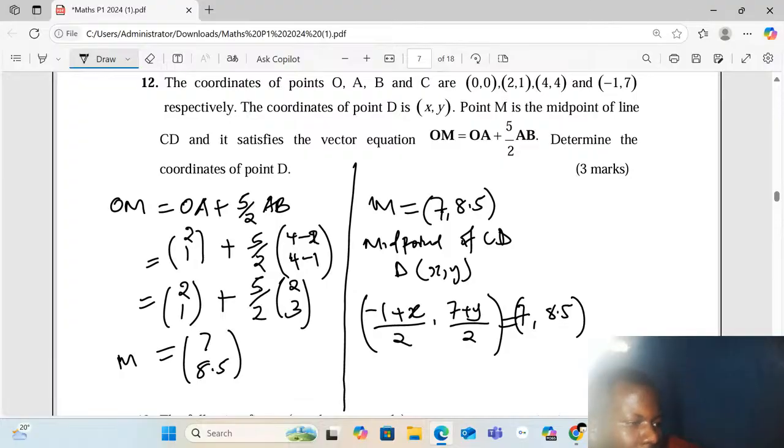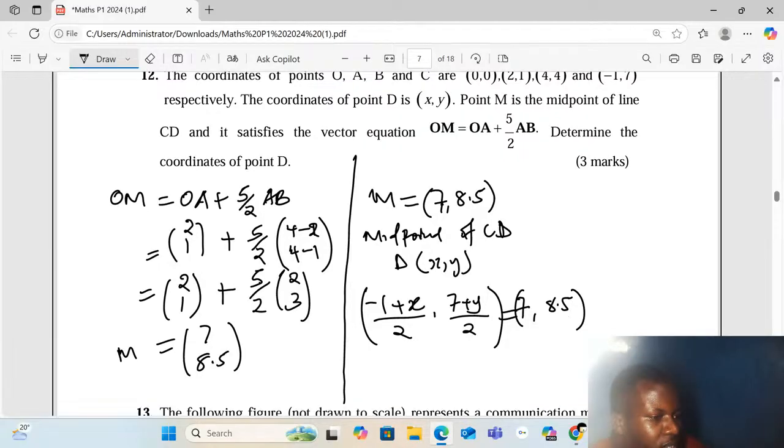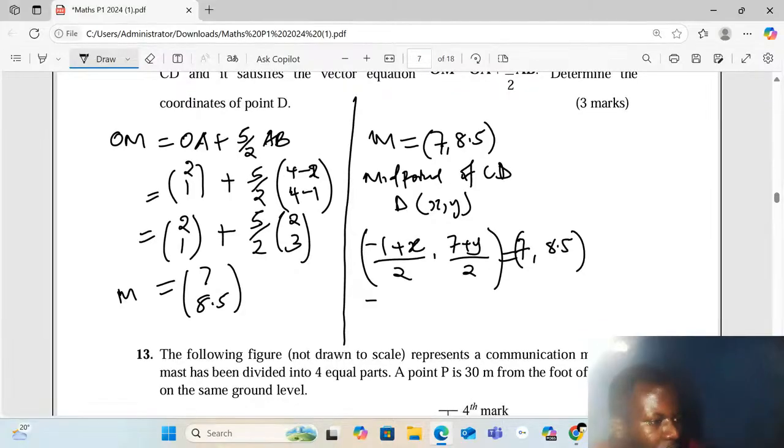Now, -1 plus x over 2 equals 7. That is the first point. Then you find the value of x.